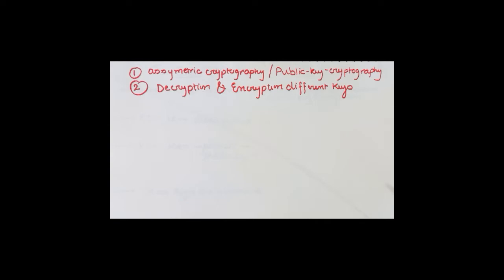In the same manner, asymmetric cryptography is also called public key cryptography. So the second point: here in asymmetric cryptography it is somewhat similar. Decryption and encryption algorithms will be there, but the difference is that we will be using different keys. So this is the first point that you must know.